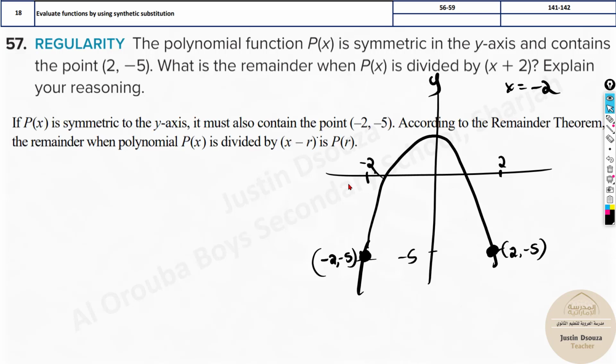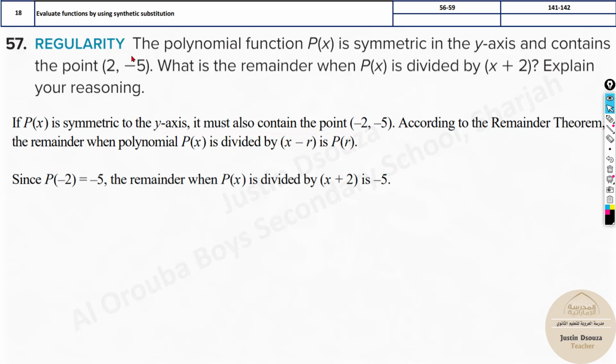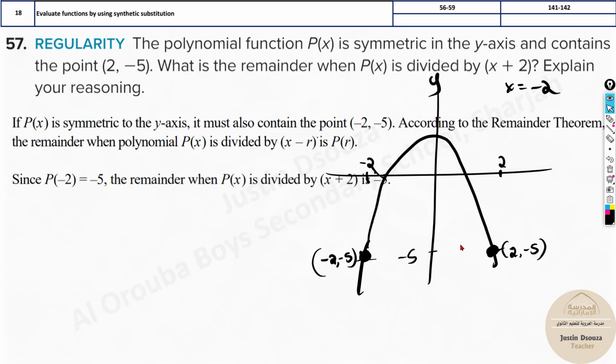Let's look into the answer. See, it's symmetric along the y-axis, so it must contain this point. According to the remainder theorem, the remainder of dividing by x minus r is p of r when you substitute in the equation. Basically, when you substitute this r value in the equation, you must get the remainder of negative 5. Because we know over here it's negative 5 and symmetrical along the y-axis, so this graph is important.